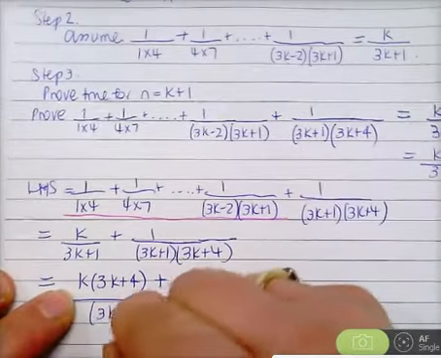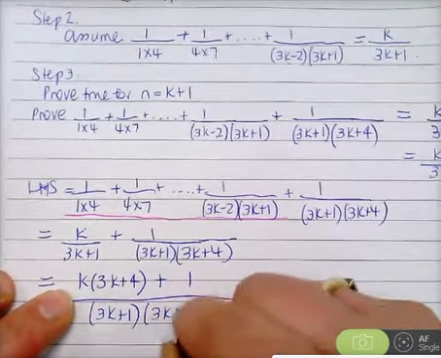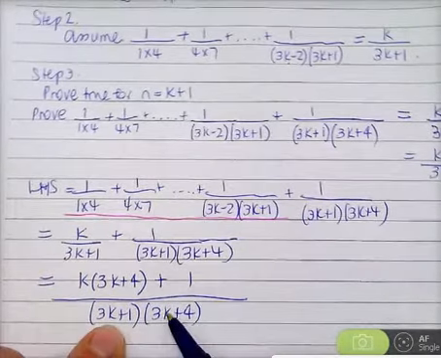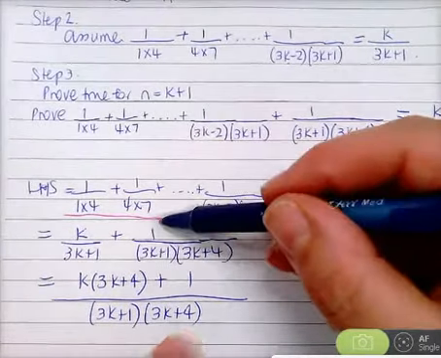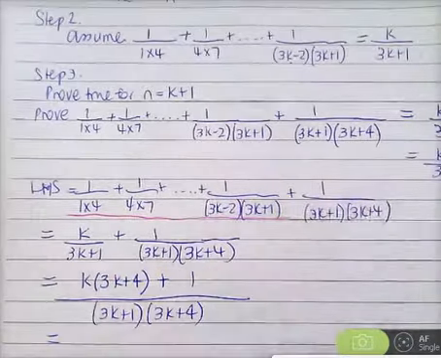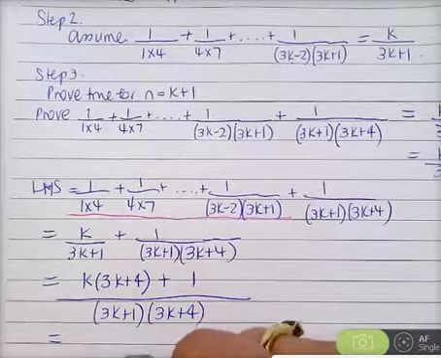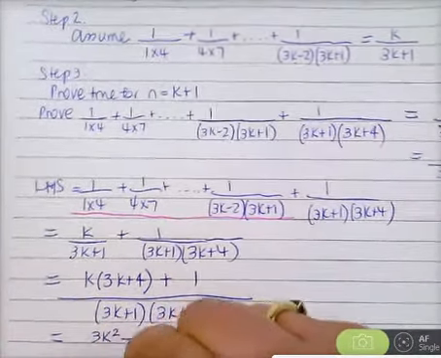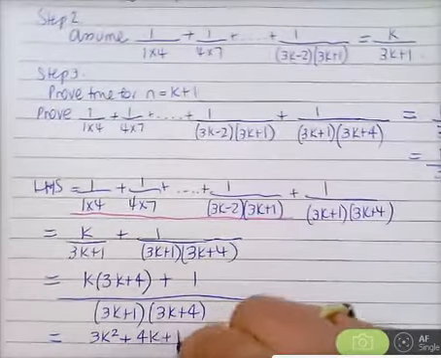So girls, my common denominator is going to be 3k plus 4 times 3k plus 1. The second term's got them both, but the first one's missing the 3k plus 4. Girls, expand. What do I get? 3k squared plus 4k plus 1 over this.